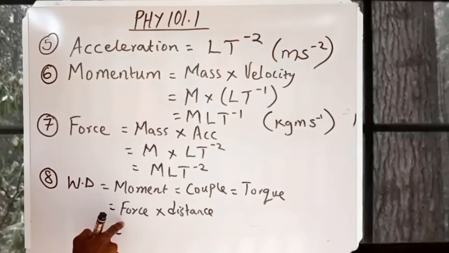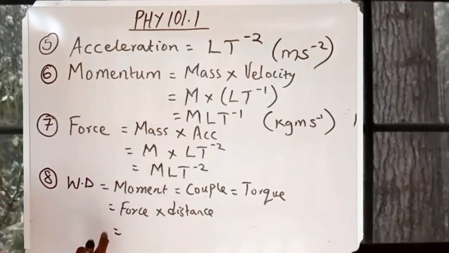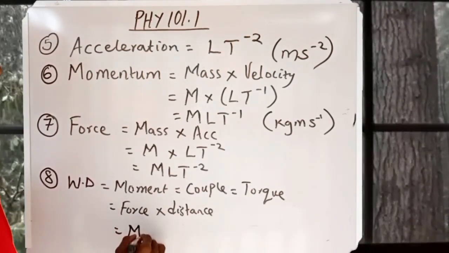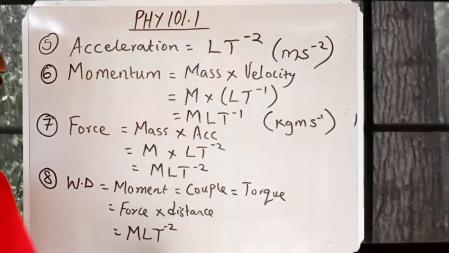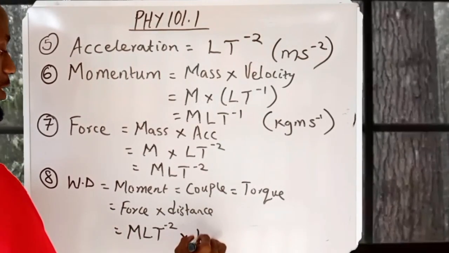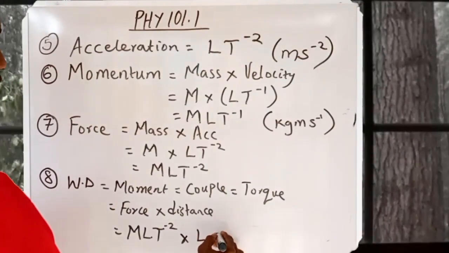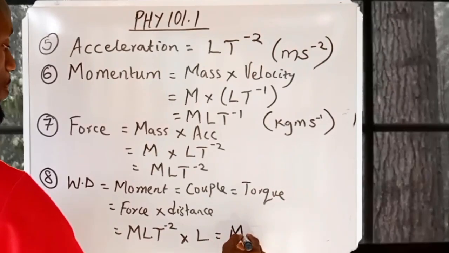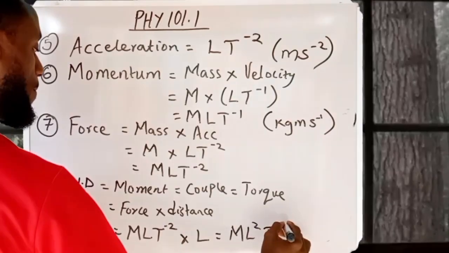For them, we already have our force. Even if you don't have it, you just have to write the dimension for force because you already know it. Force is mass times acceleration, which is L T minus 2, now multiplying distance, which is L. So at the end of the day, we have m L square T minus 2.